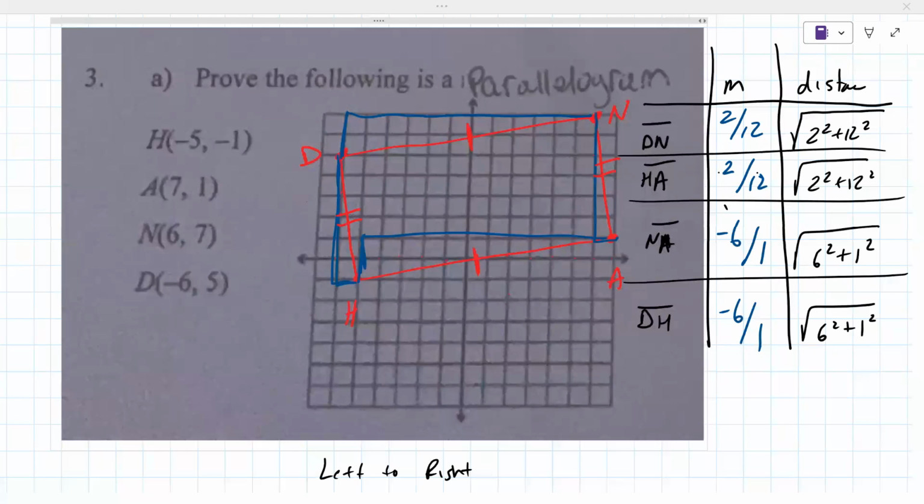Okay, so let me quickly look for some new problems here for us to do, and then we'll continue this theme of what we're doing with this coordinate geometry stuff.